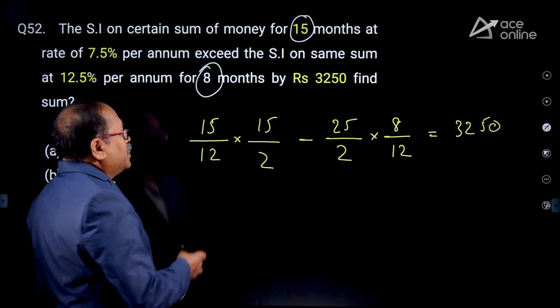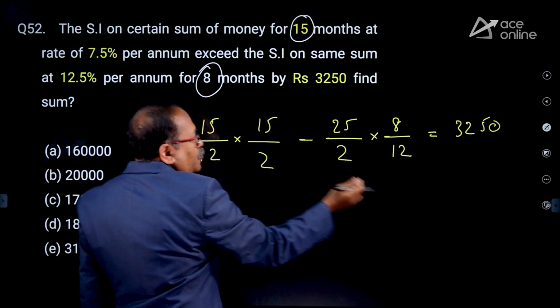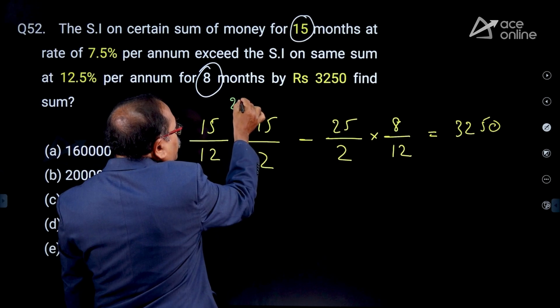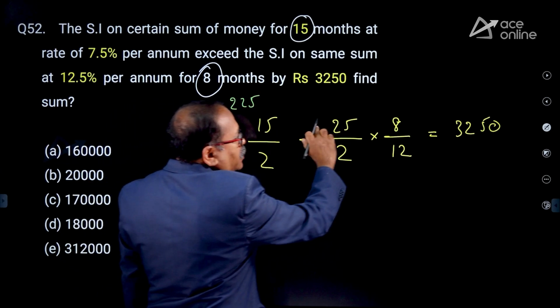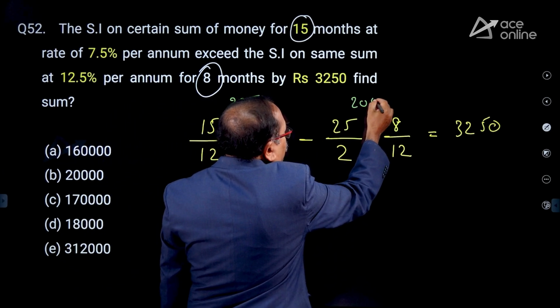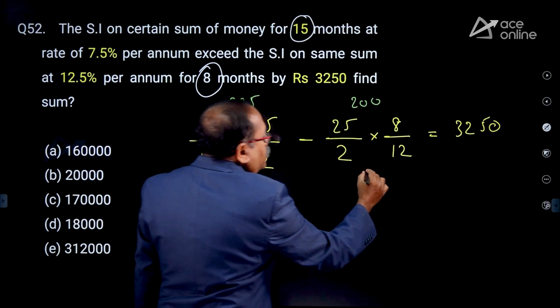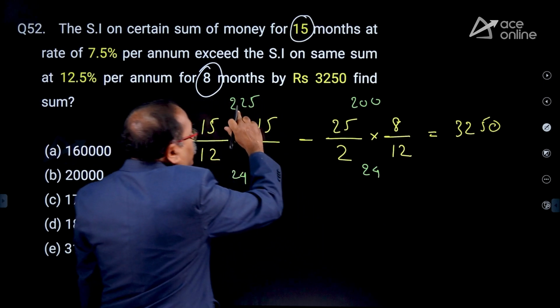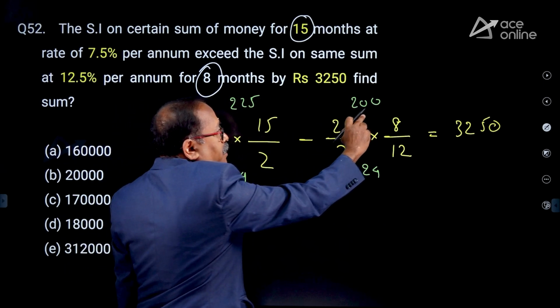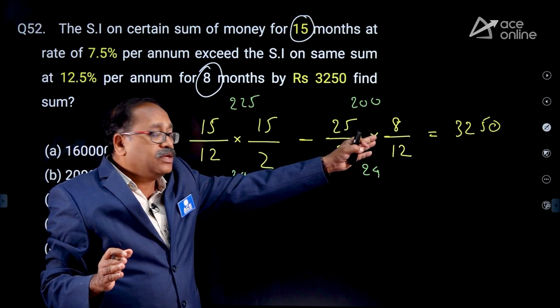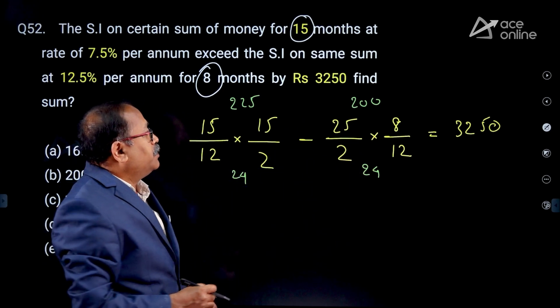Notice here that 15 into 15, that's 225 over here, and this is 200 here. In the denominator, 12 into 2 is 24 here, and here too it is 24. That means 225 minus 200, which is 25, and 25 by 24 is equal to 3250.